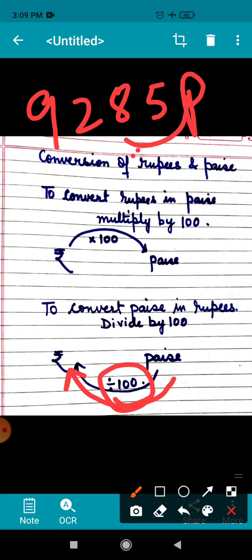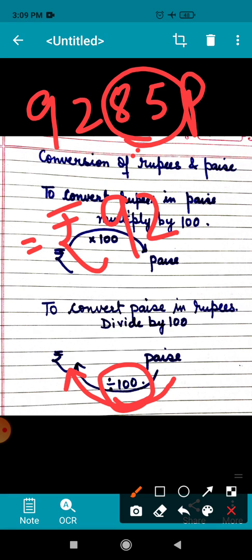So you separate 2 digits from the right side and put a dot. So the answer will be rupees 92.85. Okay children, divide by 100, or you simply put a dot by removing 2 digits to the right side.